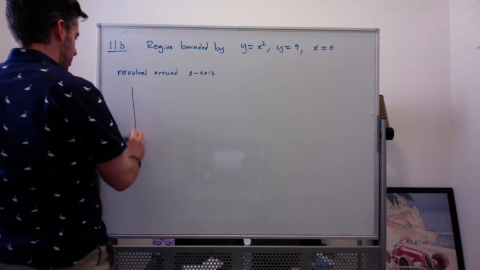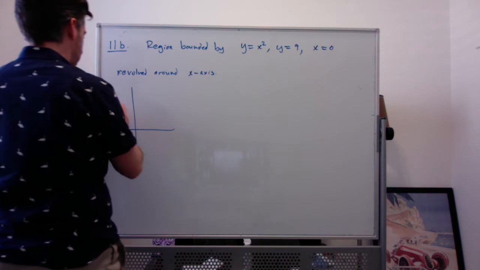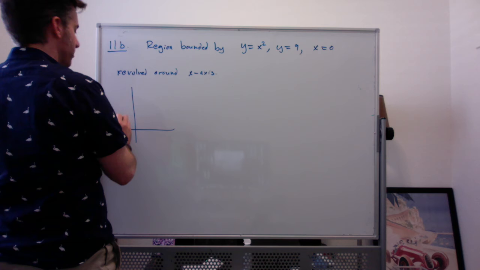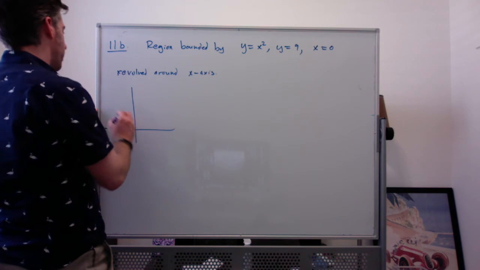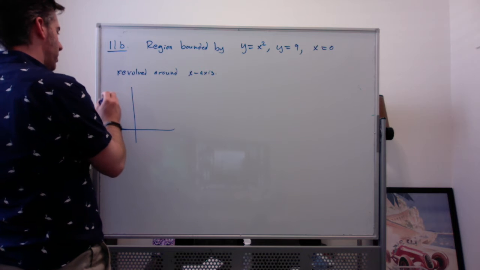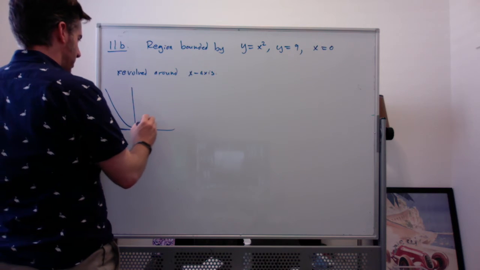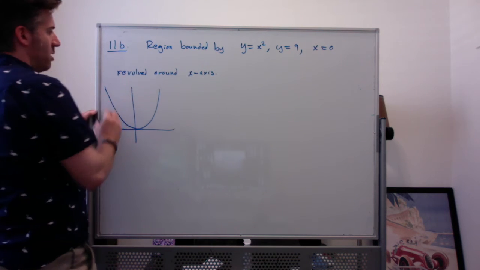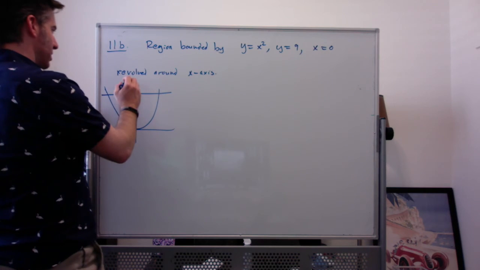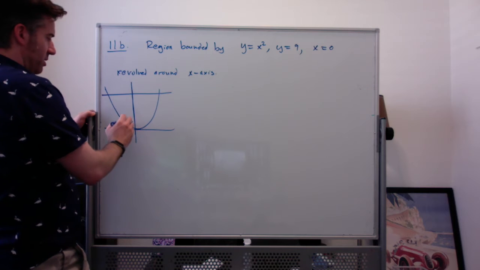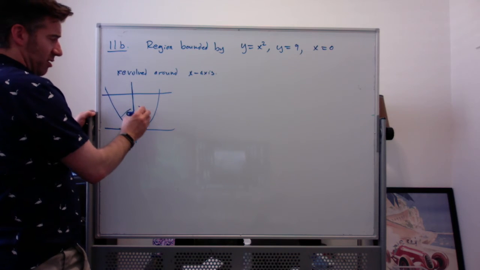So we're still taking the same sort of region. Okay, well, oh no, I need to be a little extra careful here, because my description wasn't as accurate as it should have been. Now, y equals x squared looks like that. y equals 9 looks like that, and x equals 0 is that. But am I talking about this region here, or this region here?